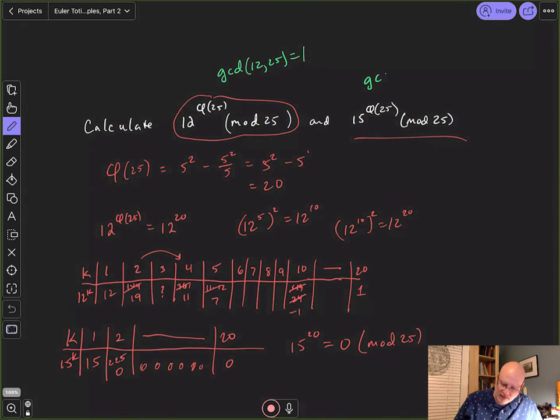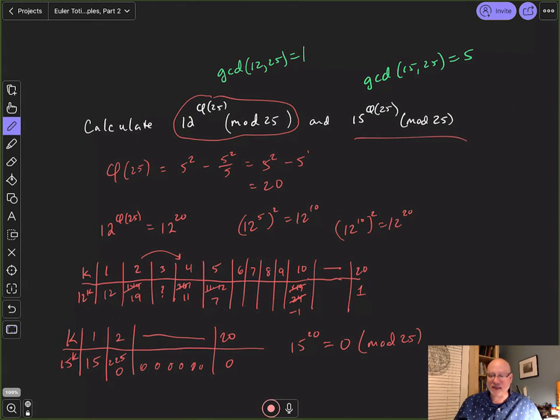But the GCD of the second problem, 15 and 25, was 5. So in one case, at least a version of what we saw with little Fermat works, but it's not guaranteed to work, particularly if the base of our exponent is not relatively prime with the modulus.